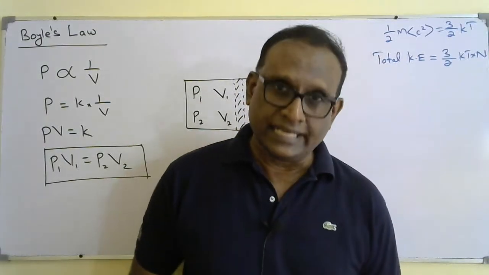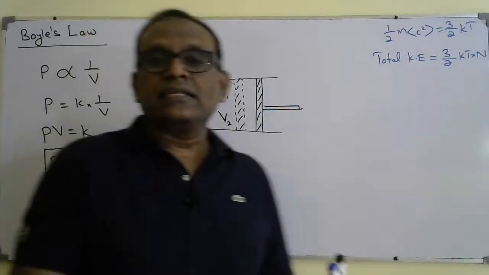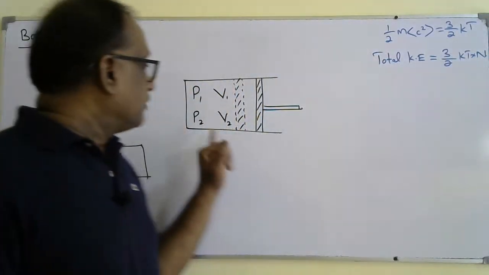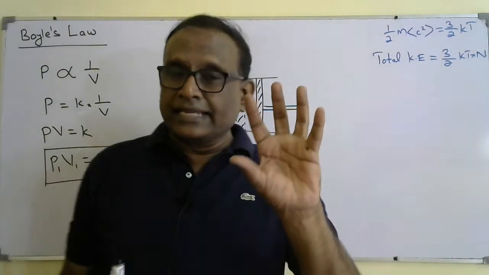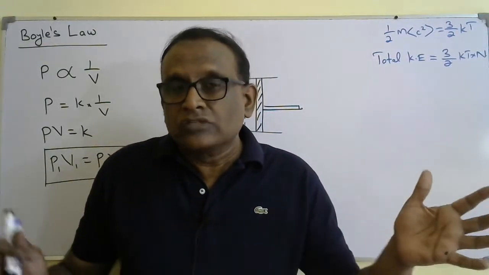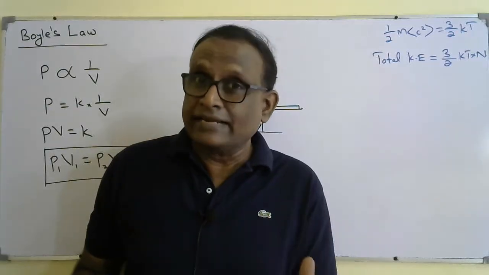Force per unit area is the pressure. So more gas particles will hit the wall at a particular instant. For example, when the volume is larger, the number of gas particles colliding with the wall per second may be 100. Now the volume decreases, and the number of gas particles colliding with the wall per second will be 200.